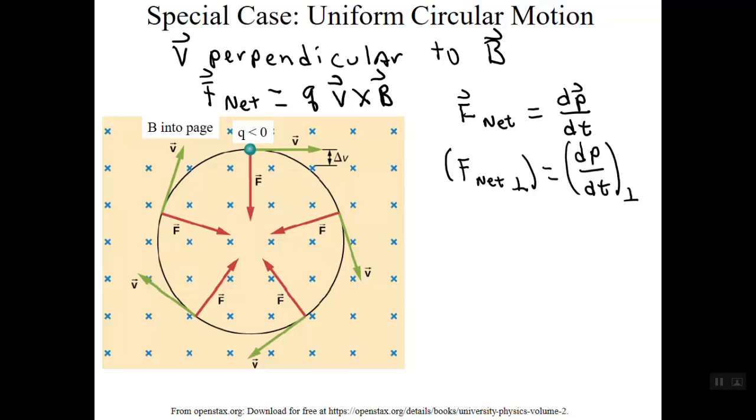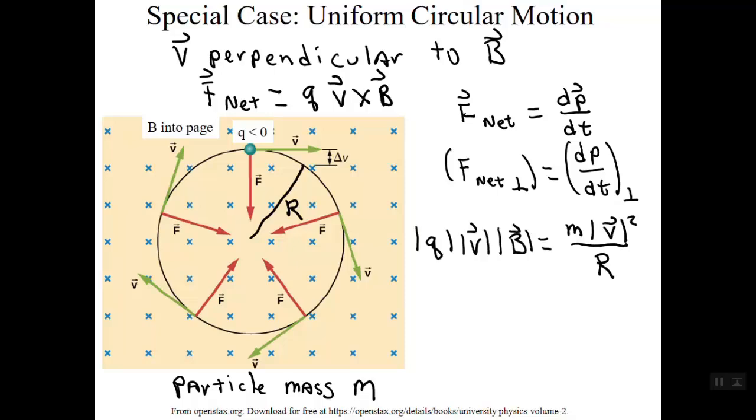Now only the component of the net force perpendicular to the particle's velocity is non-zero. That's equal to dp dt, the time derivative of the momentum perpendicular to the particle's motion by Newton's second law. Let r be the unknown circle radius and m the known particle mass.